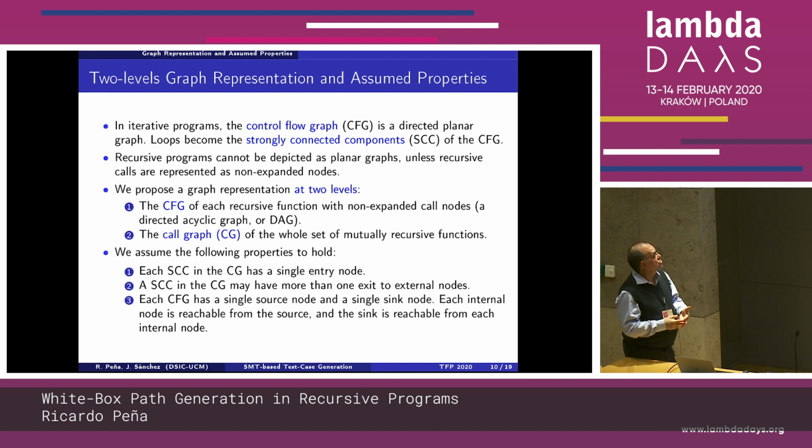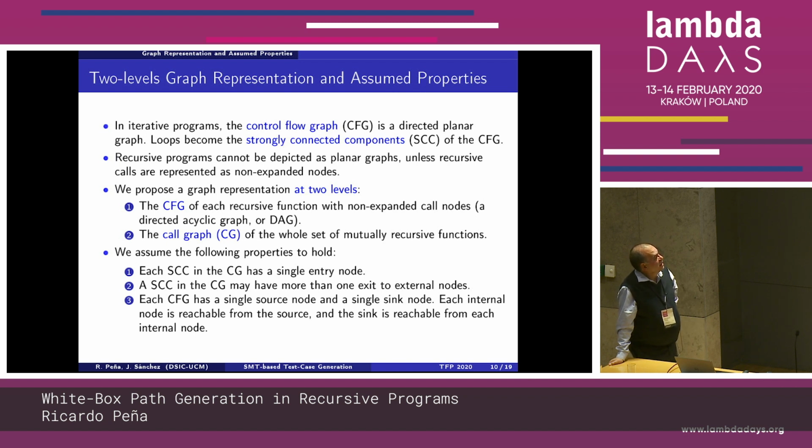For instance, each strongly connected component in the call graph has a single entry node, because this corresponds to functions having a single entry node, or loops having a single entry node. But as a loop can finish in a strange way, not the normal way, with a break, a continue, or an exception, you assume that each strongly connected component may have more than one exit to another node in the graph.